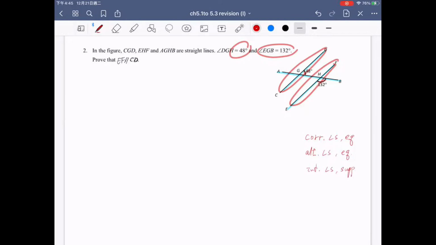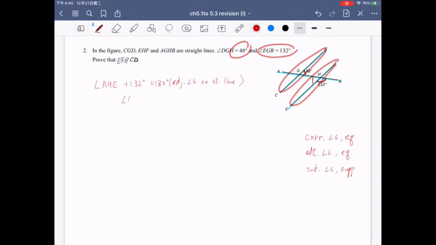Okay, and this time, can you see which one we can use to prove these parallel lines? I will pick this one. Why? Because angle AHE plus 132 degrees is 180, adjacent angles on a straight angle. Remember, it is a straight angle, AHB, so we can say it this way.